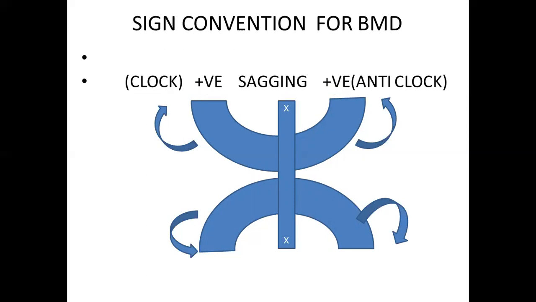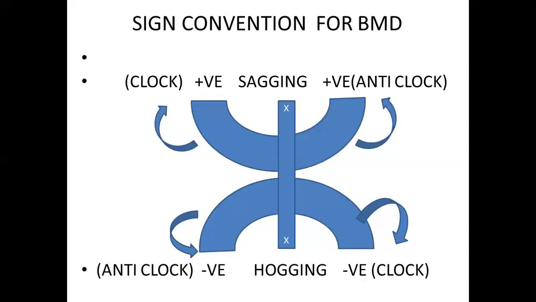So the sign convention for sagging moment is like this. If there is a moment anti-clockwise on the right side of a particular section, then we'll take that moment as positive moment. And if clockwise moment exists on the left side of a section, then we will take it as positive moment.